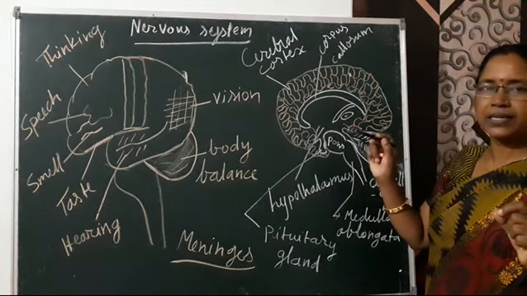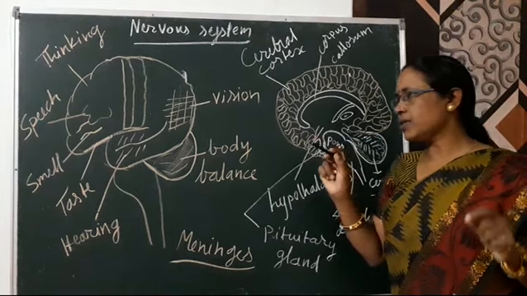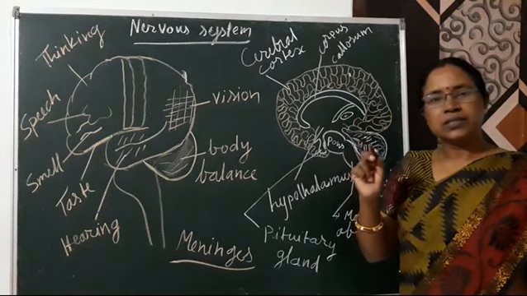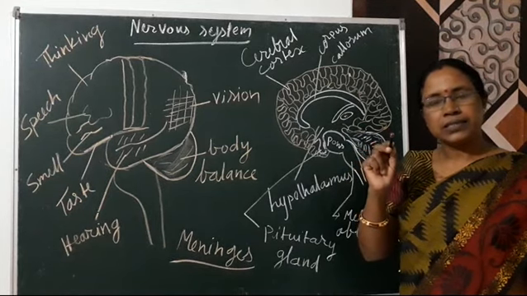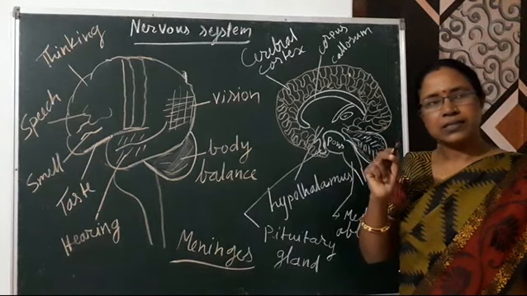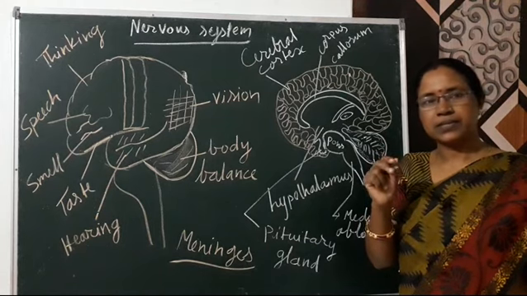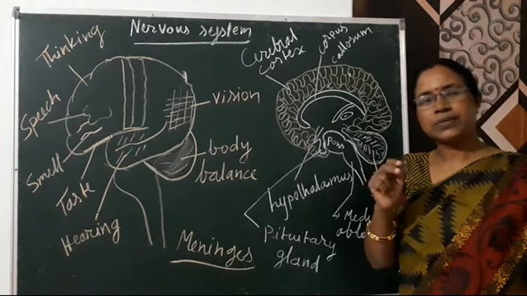The reason is that the neuron has all types of cell organelles, but only the centrosome is absent. So it has lost the capacity to divide, and whatever number is formed in the embryonic stage, that many cells only remain in the brain.